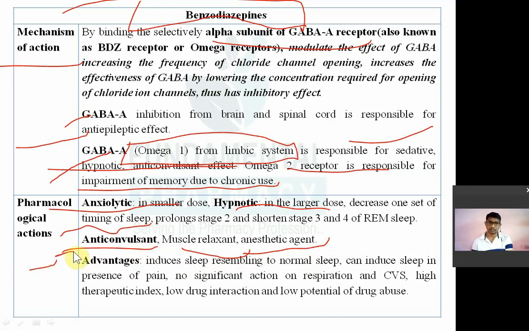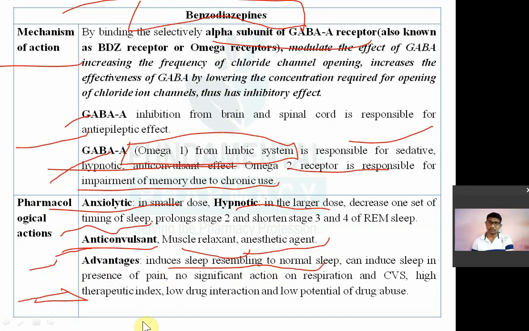Benzodiazepines have certain advantages over barbiturates. Barbiturates were introduced first and later benzodiazepines were introduced. Now benzodiazepines have largely replaced the barbiturates because they have certain advantages. They induce sleep which resembles normal sleep.